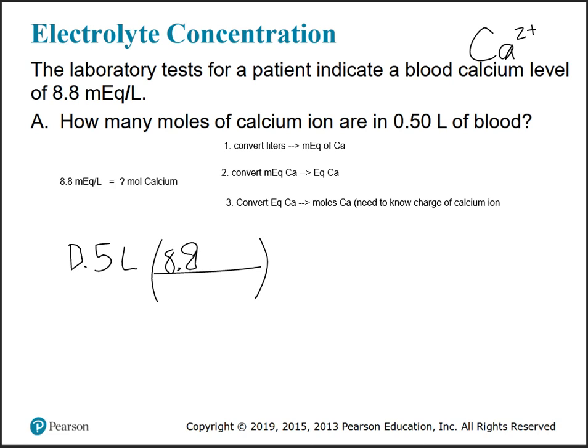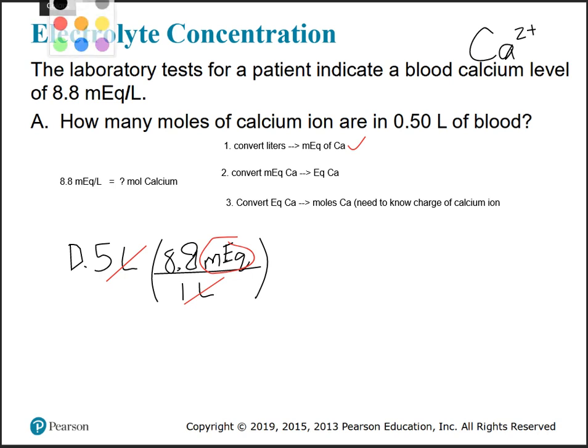It's a sad looking 8, y'all. What this does is it gets rid of the liters. So when you do that, you get rid of liters, you're left with milliequivalents. So that's the first part.